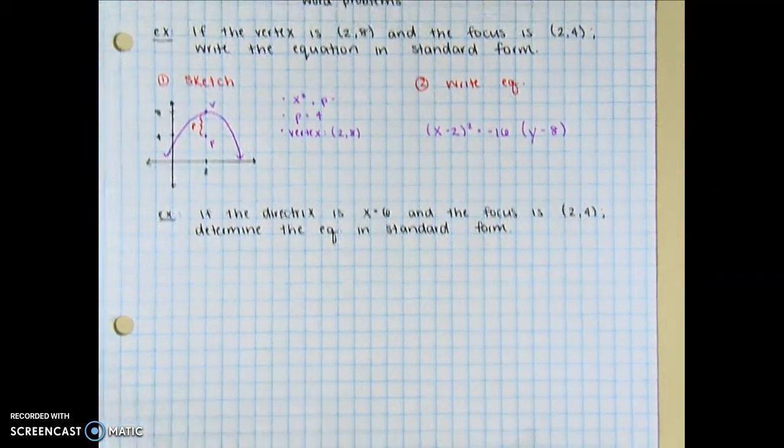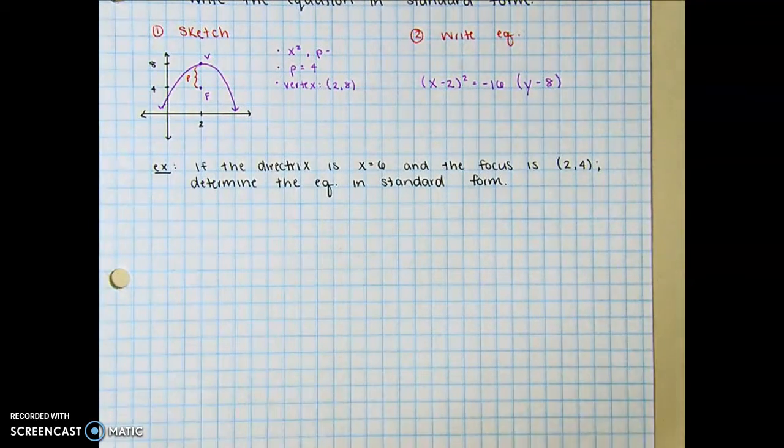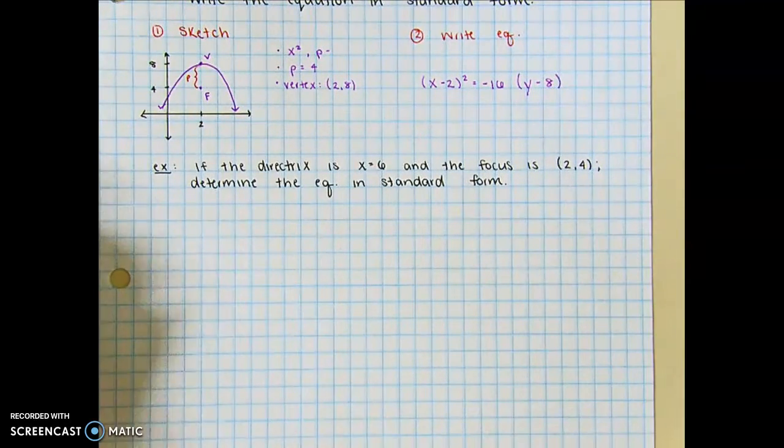And we're going to solve this using the same method. I'm going to do a sketch and then deductive reasoning to determine the equation. I'd encourage you to try to pause this video right now and do this on your own.